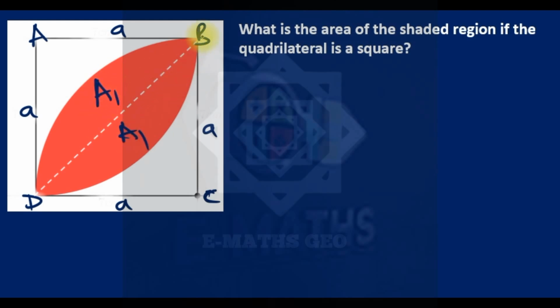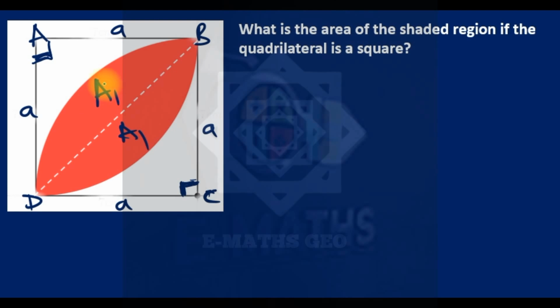If you look at this, we have a sector. This is a square, so each interior angle is 90 degrees. We have sector CBD, and we're asked to find A1. It's the same thing as subtracting the area of this triangle from the sector.